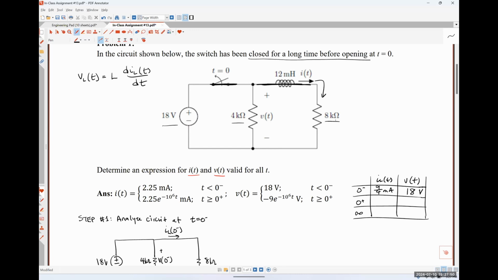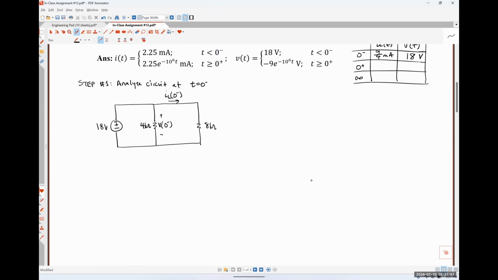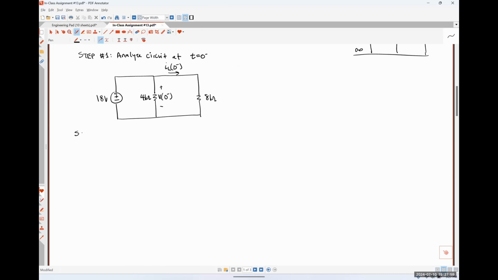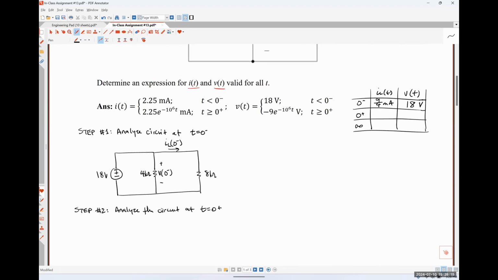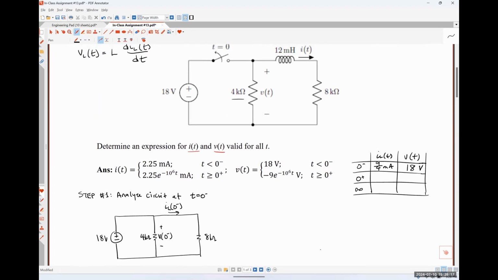All righty. So now we're going to look at what's going on at t is equal to 0 plus. At t is equal to 0 plus, our switch will be open, so that is disconnecting the voltage source from the network to the right.